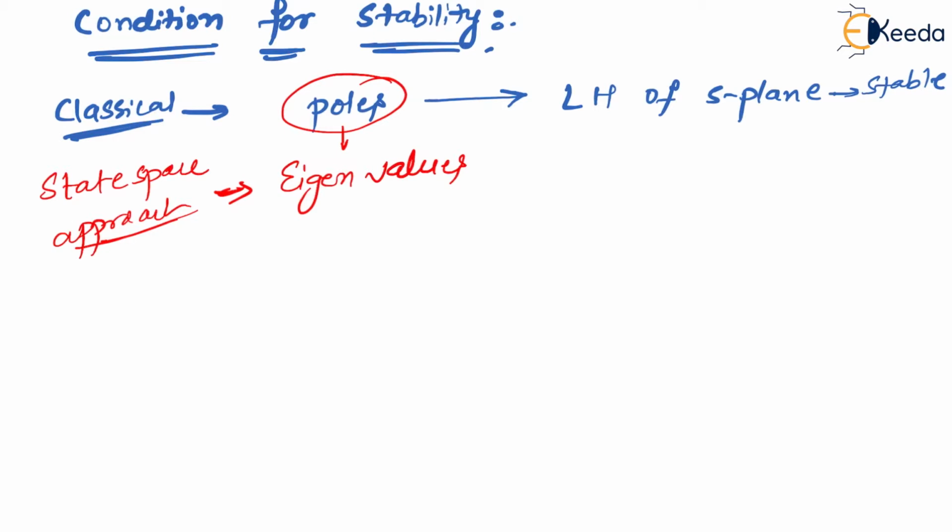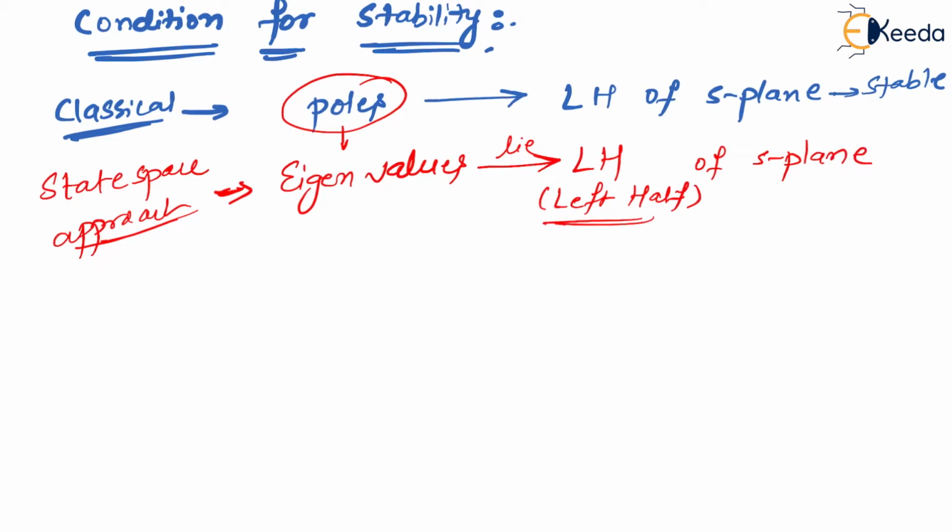So if the eigenvalues lie on the open left half of the S plane, then we say that it is a stable system. This is the condition for stability in state space: the eigenvalues should lie on the left half of the S plane, or we can say the poles have to be on the left half of the S plane.